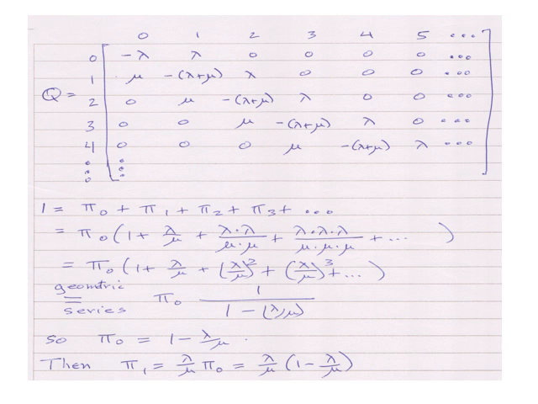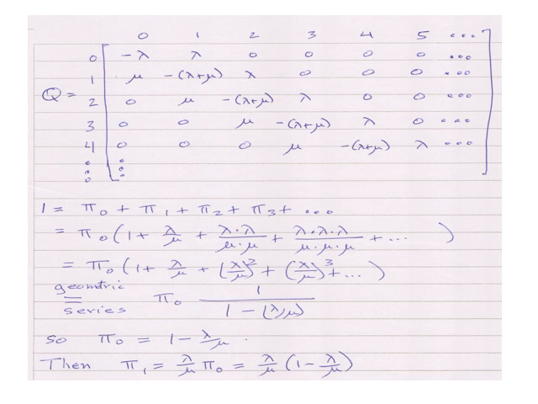So our rate matrix in this case looks a little bit nicer than it did before, because on the superdiagonal, everything is a lambda. On the subdiagonal, everything is a mu.